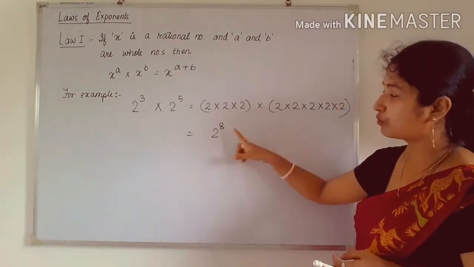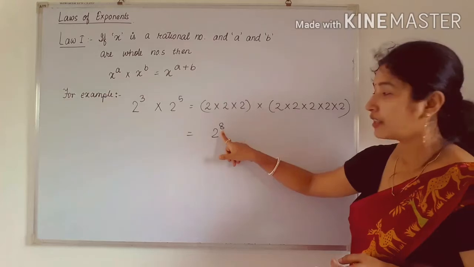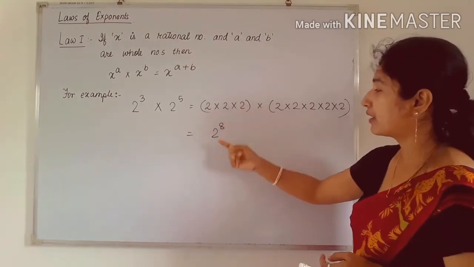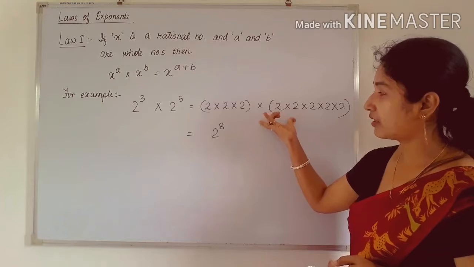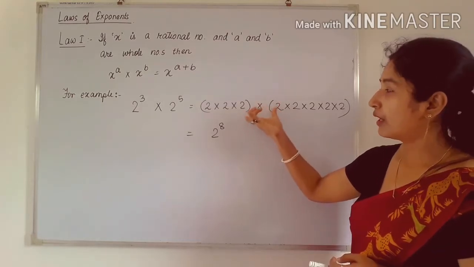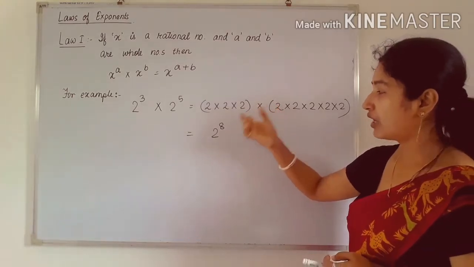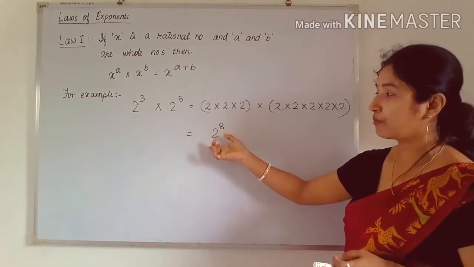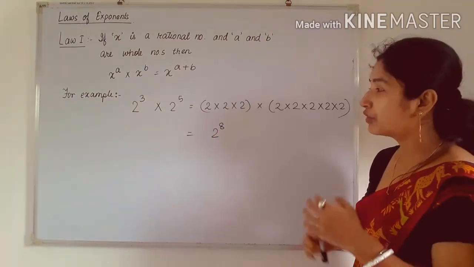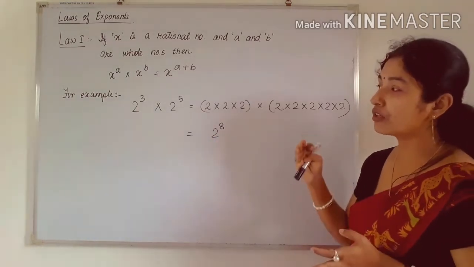The total number of 2's is equal to 8. That means this can be written as 2 to the power 8. So this is one method: we are expanding and writing again in exponent form.